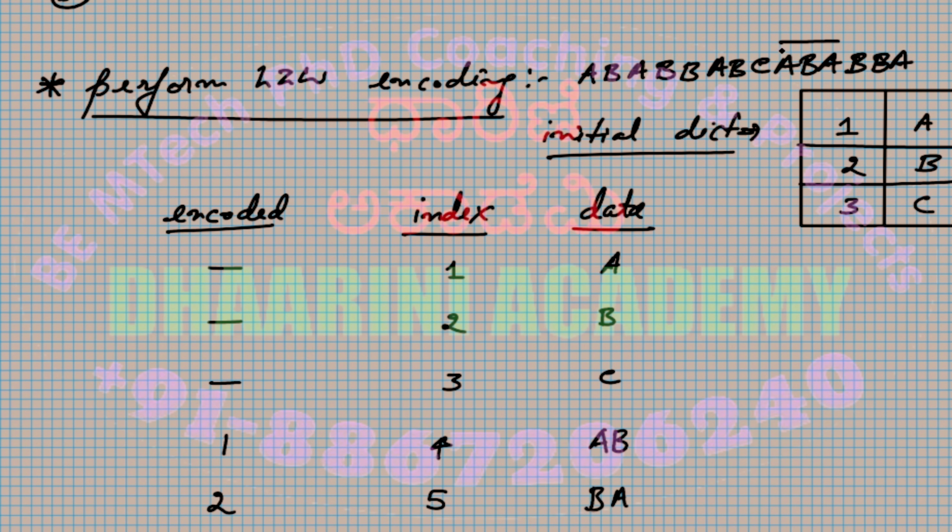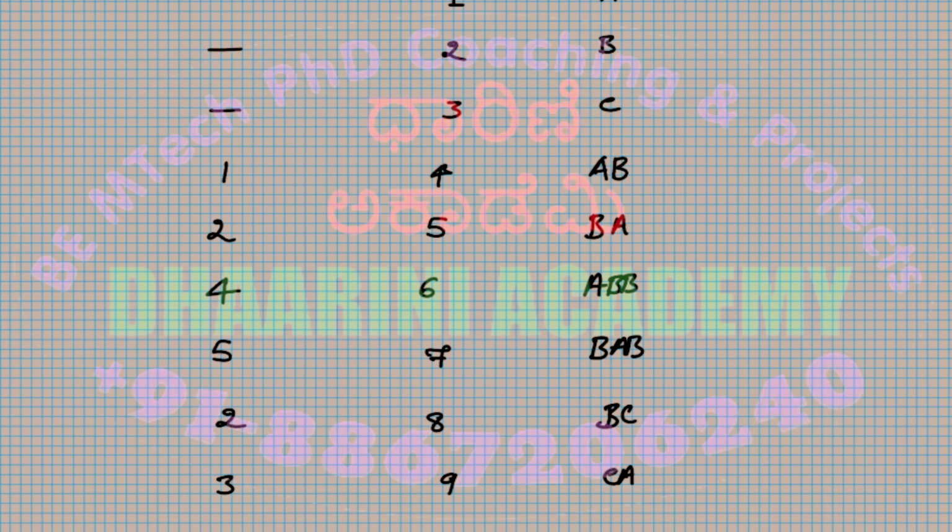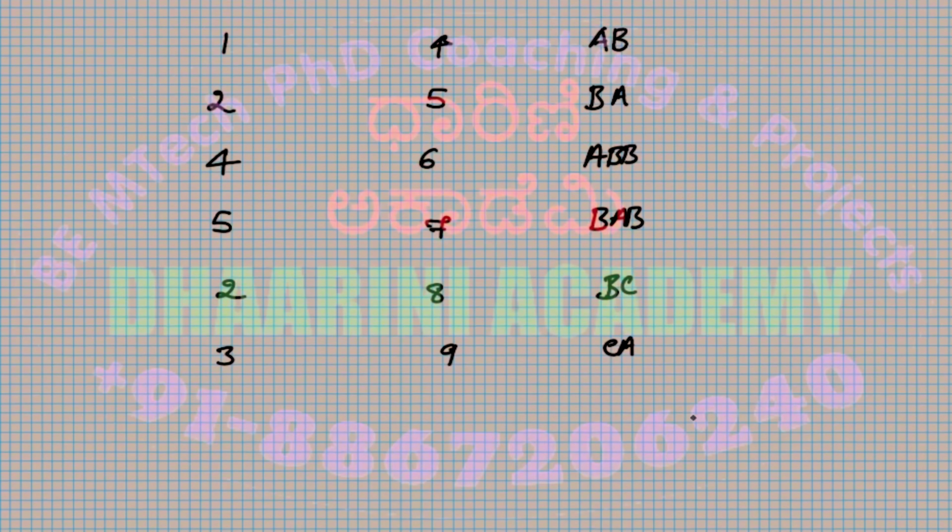So it is ABA. Let us quickly check whether I have ABA. I don't think so, right? So the next entry will be ABA, index number 10 in the dictionary. Out of this I check the previous 2 characters, AB. AB exists, and AB is 4, so the index becomes 4.